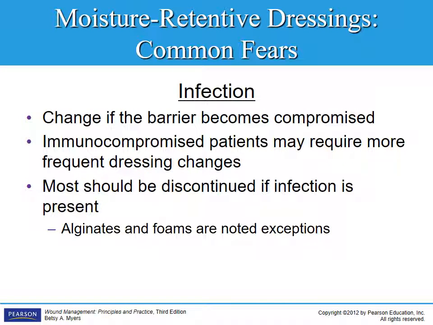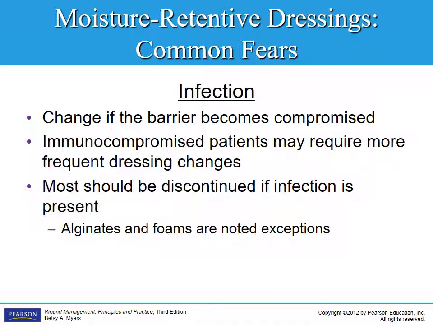The key to using a moisture retentive dressing and controlling infection is, if the barrier becomes compromised, you have to change the dressing. Especially in the perianal region, remember I talked about there has to be that border so that the adhesive border can really stick and create that occlusive dressing.